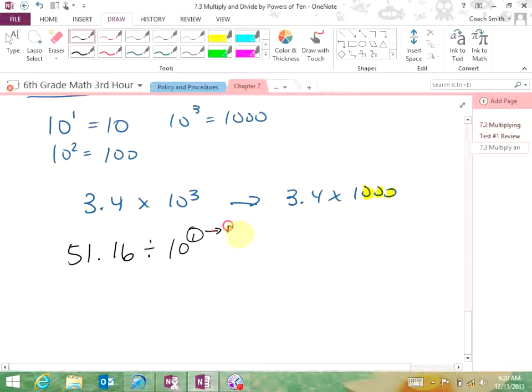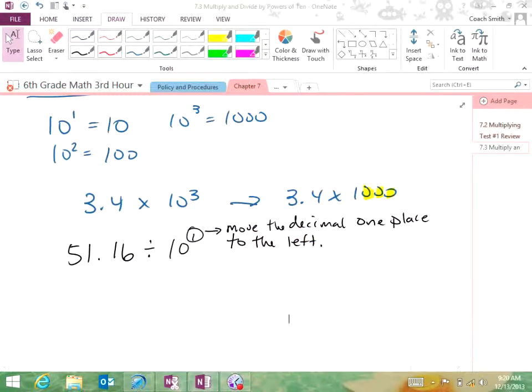You're going to move the decimal one place to the left for division. So for division, we're moving the decimal, not adding zeros, moving the decimal to the left. So if I take 51.16 and I move it one place to the left, that would make 5.116.